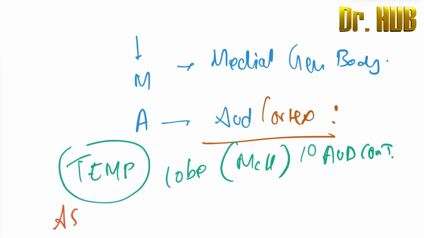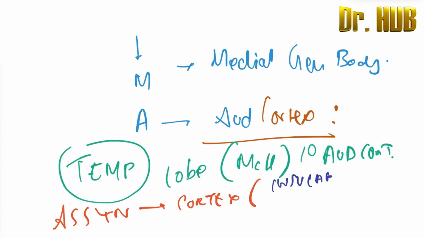So this association cortex extends over much of the insular lobe and even to the lateral portion of the parietal lobe. P lobe, that is the parietal lobe.